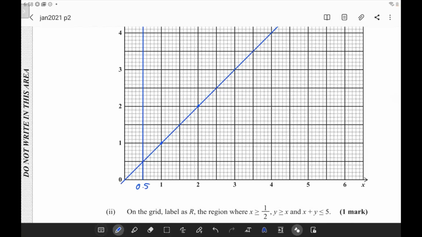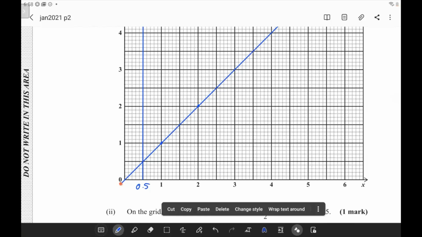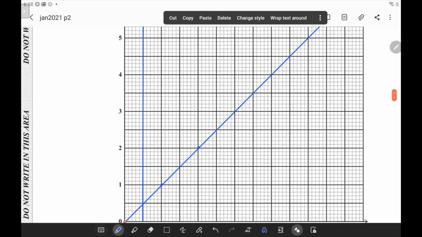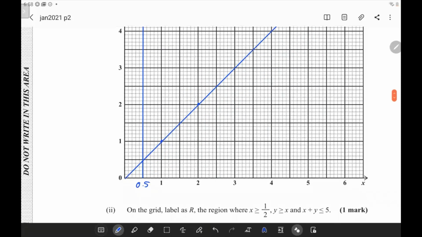So this is the line y equal x. Remember, you're supposed to use a ruler.